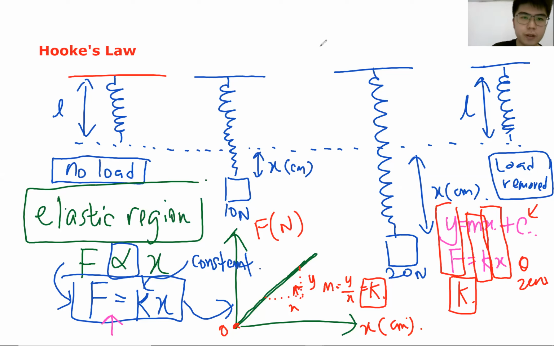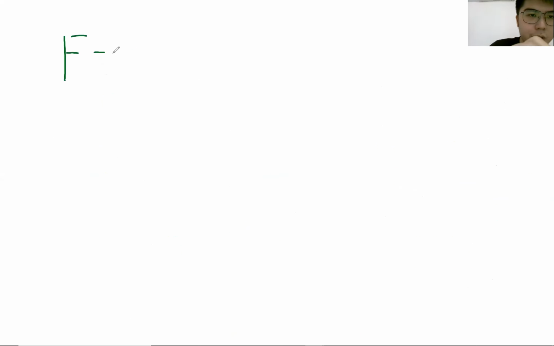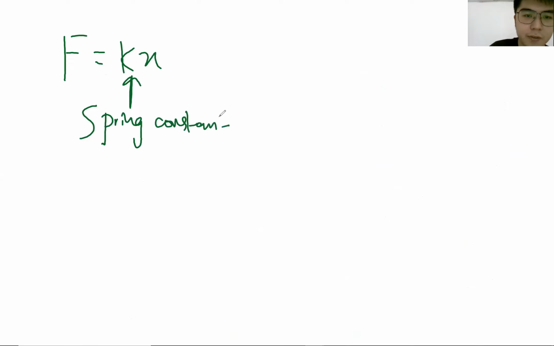Now, back to the equation. F equals kx. We call k the spring constant. It is a value, a number, and it is fixed for each spring. Different springs have different spring constants. Now, let me give you a perspective of what the spring constant is.